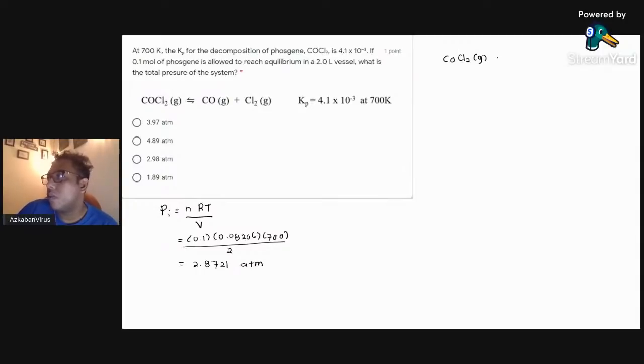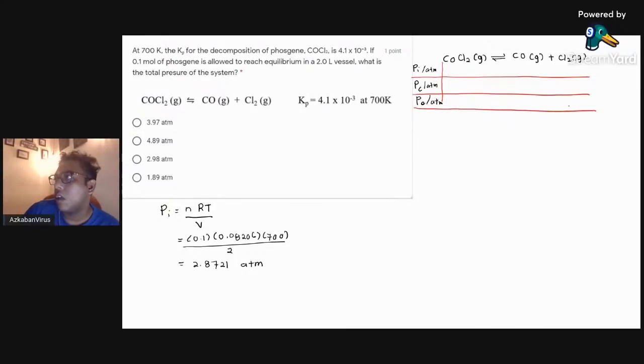COCl2, so ini initial dia adalah 2.8721, ini kosong, kosong, tolak X, tambah X, tambah X, adalah 2.8721 tolak X, X, X.